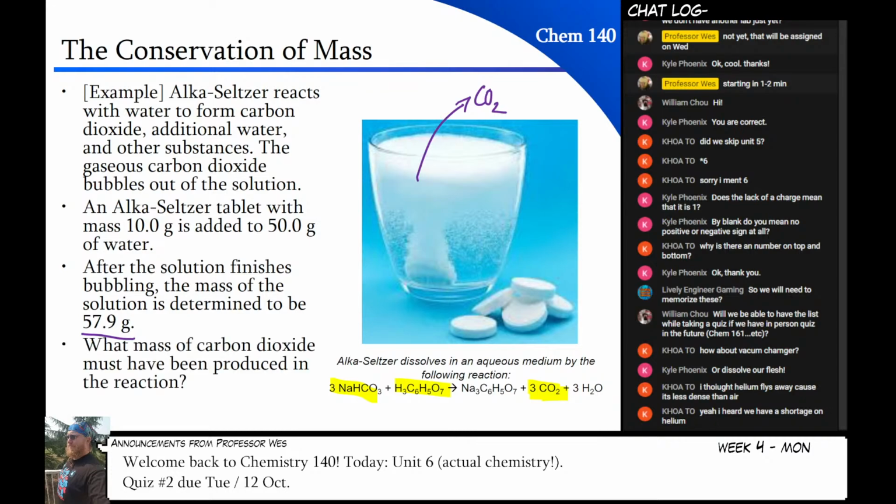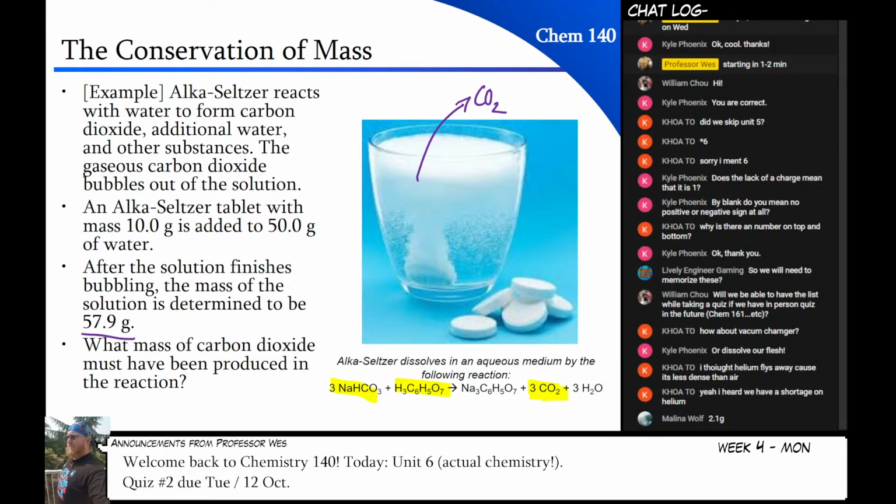So my question for you is, what mass of carbon dioxide must have been produced in the reaction, assuming the conservation of mass is true, which it is? So how many grams of CO2 do you think were released into the atmosphere here? Go ahead and give your answer in the chat, and make sure you give it to the right number of sig figs.